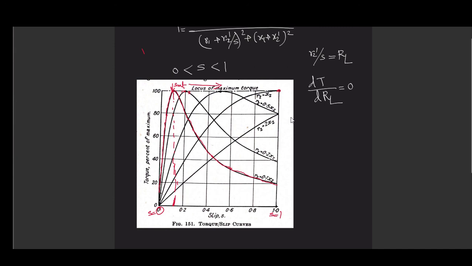This is our SMT. But what happens when it is within 0 to this SMT?